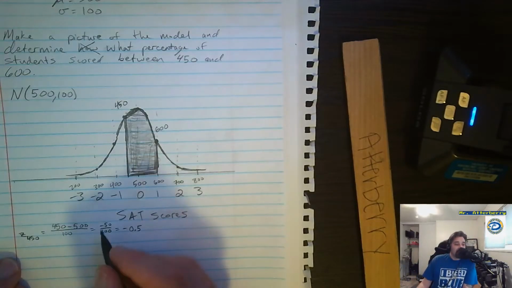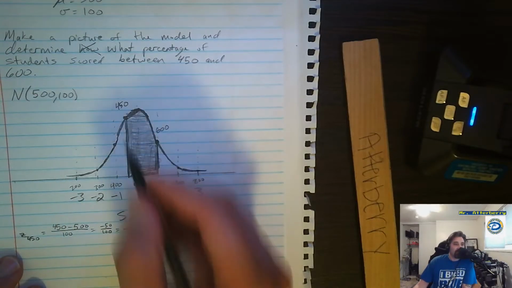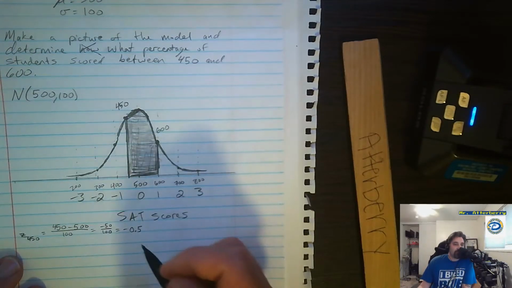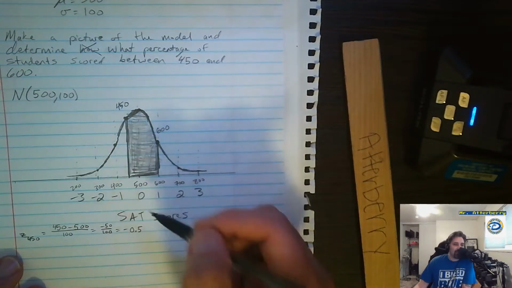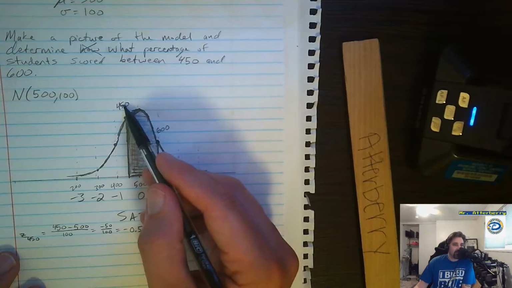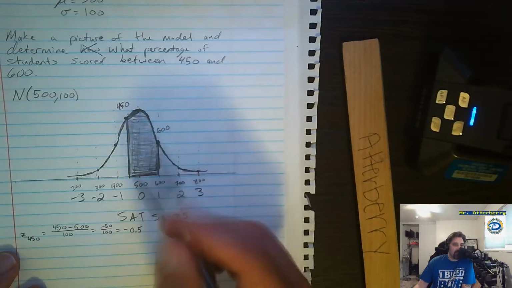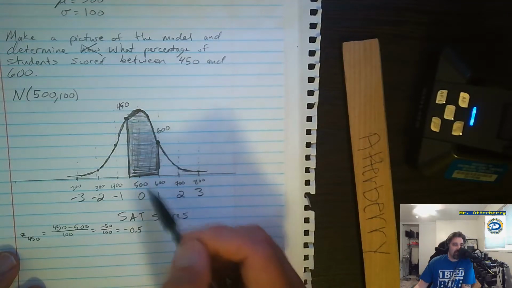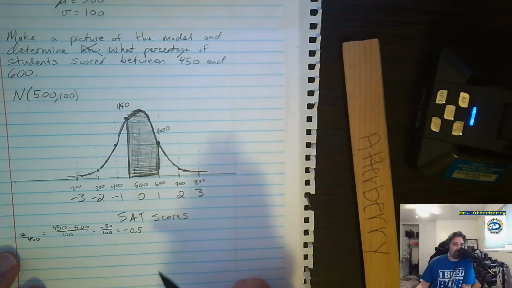Okay, so my z-score for the left side, 450, sorry, my z-score is negative 0.5. So when I do the z-score equation, you take the value that you want, subtract the mean, divide it by the standard deviation, and I got negative 0.5.